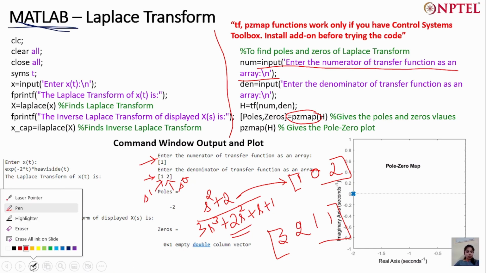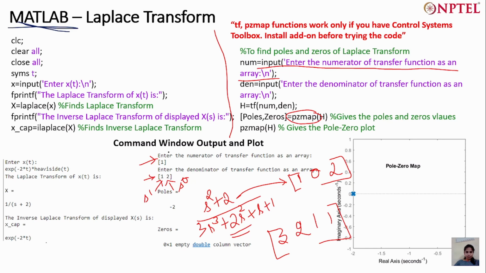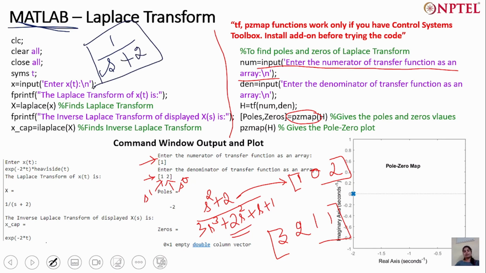Here, let's see what I have given as input: 1 and then 1 space 2. It means the transfer function I wanted to write has just 1 in the numerator, and the denominator is 1 space 2. So 1 means the coefficient of s is just 1, and the constant term is 2.